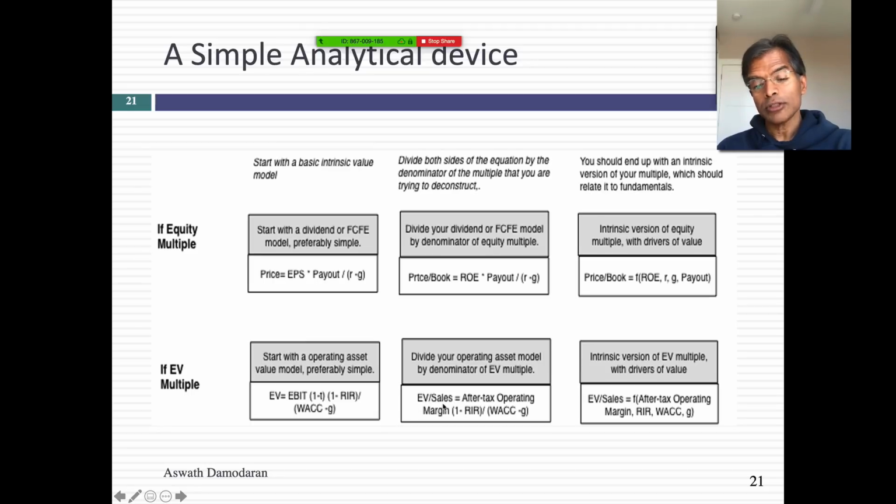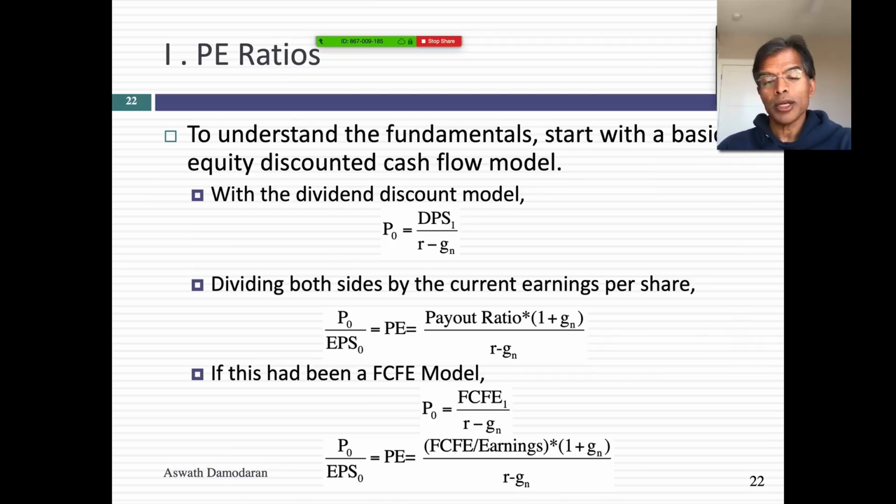I get EV to sales on the left side. If I divide after-tax operating income by sales, I get after-tax operating margin. And like magic, I can tell you the variables that drive EV to sales are after-tax operating margin, reinvestment rate, cost of capital, and growth rate. It's a very clever trick. Equity multiples go back to an equity model. Enterprise value multiples go back to a firm valuation model.